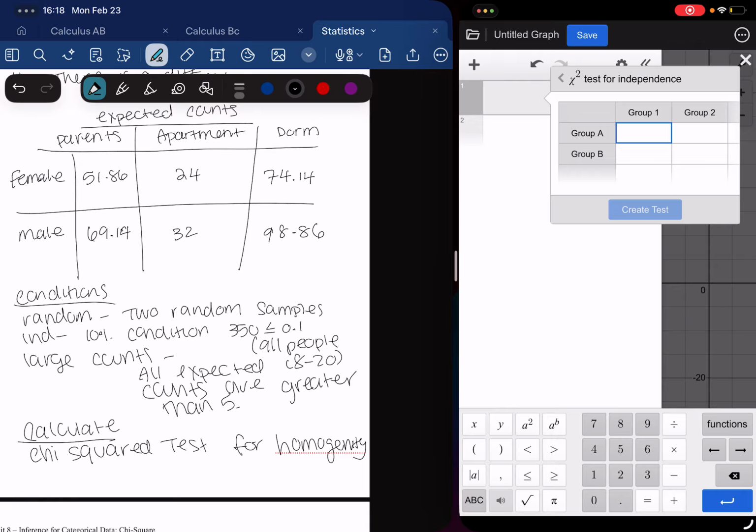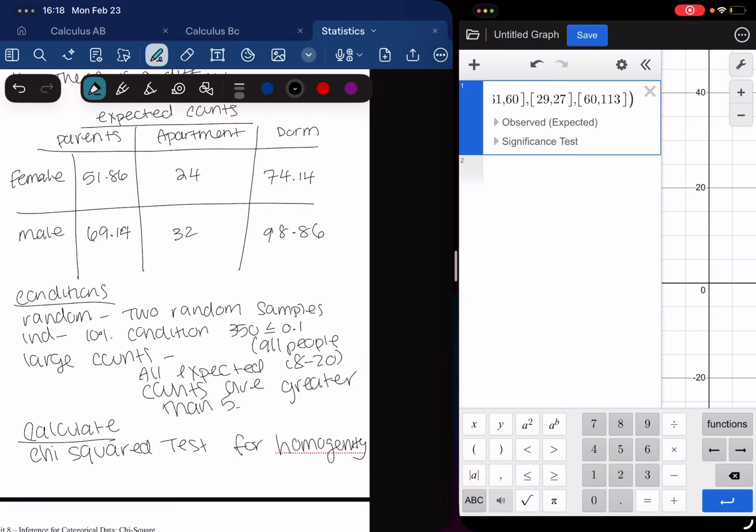And then right here where it says group 1, group A, we're going to type in our observed values. So our observed counts. Do not put in expected counts. So I'm going to type in 61, 60, and then 29, 27, and then 60 and 113.